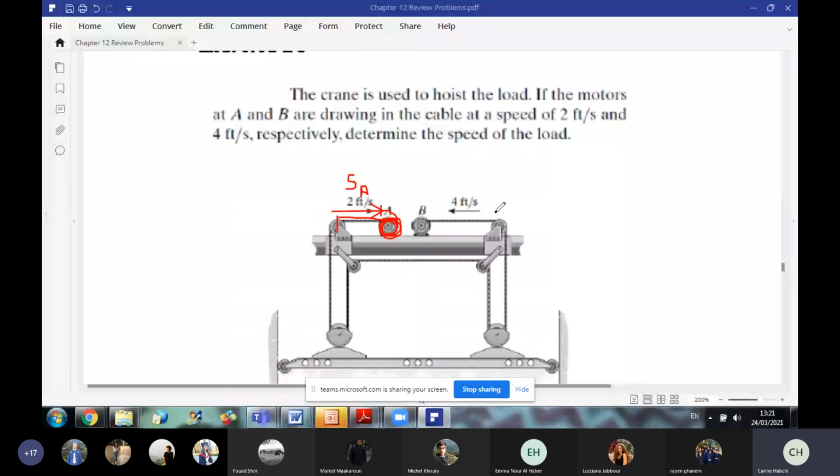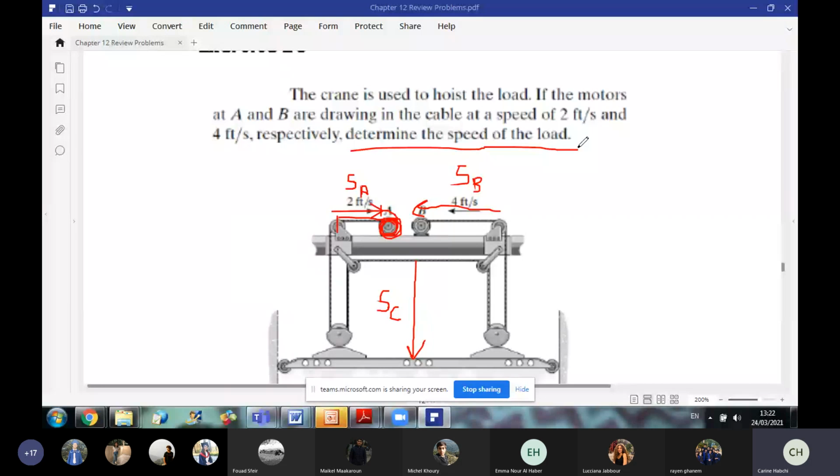SB will represent the coordinate of length enrolled in motor B. And since I am trying to lift the load, I need an additional coordinate for the load. I will call it S of C. What I will try to do here is relate S of A, S of B, and S of C in order to determine the speed of the load.